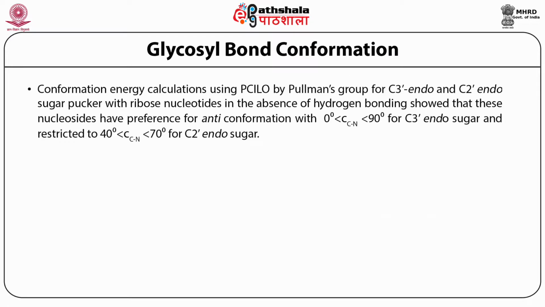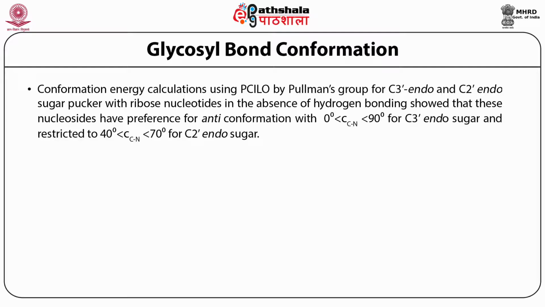The glycosyl bond conformation was studied in Pullman's group using the CELO technique for C3-endo and C2-endo sugar puckers with ribose nucleotides in the absence of hydrogen bonding.